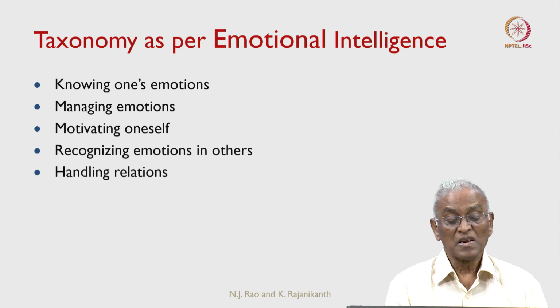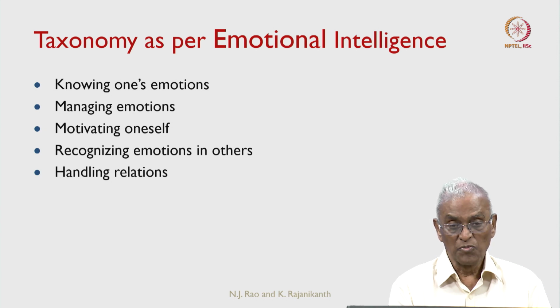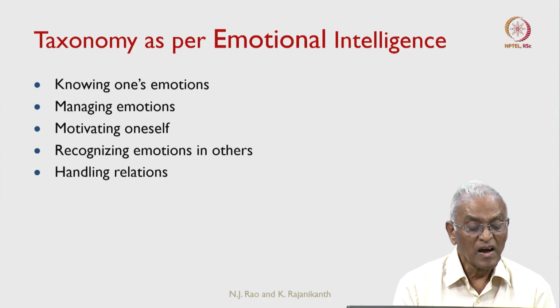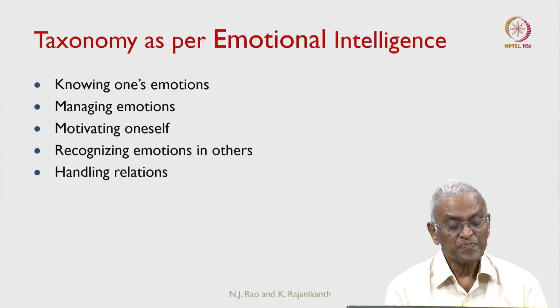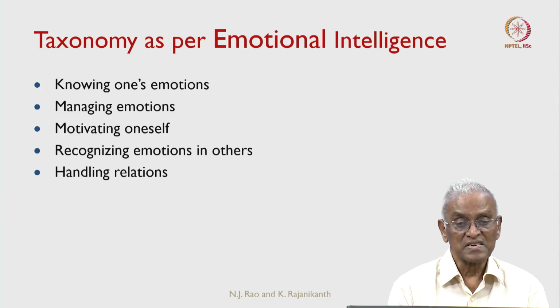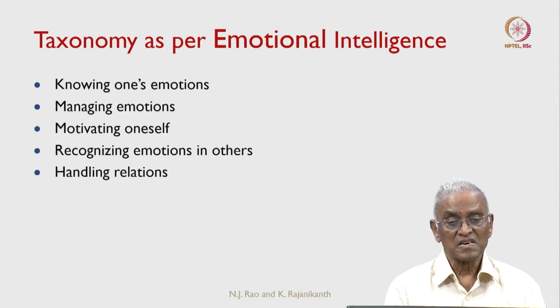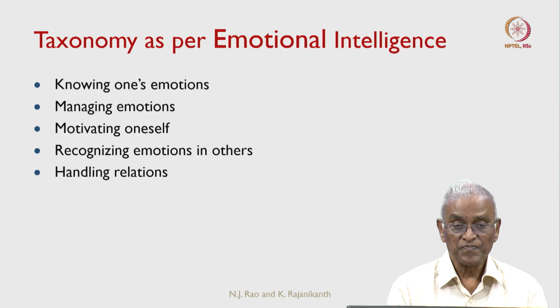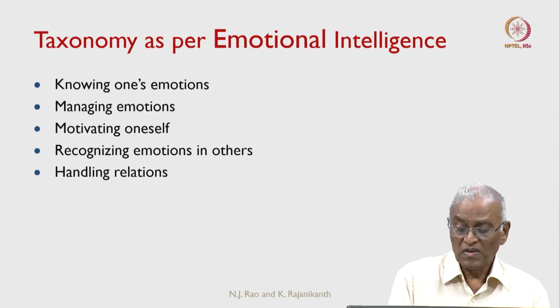The taxonomy as per emotional intelligence is knowing one's emotions, managing emotions, motivating oneself, recognizing emotions in others, and handling relationships. All these activities are required for a student or for a professional. Okay.